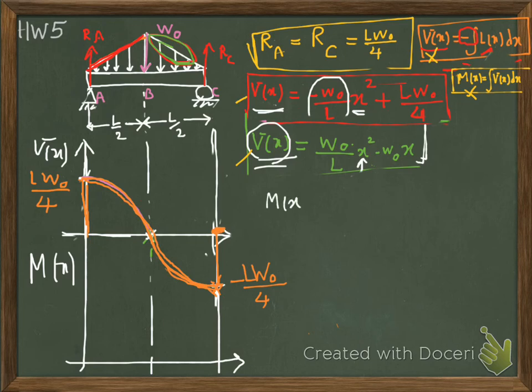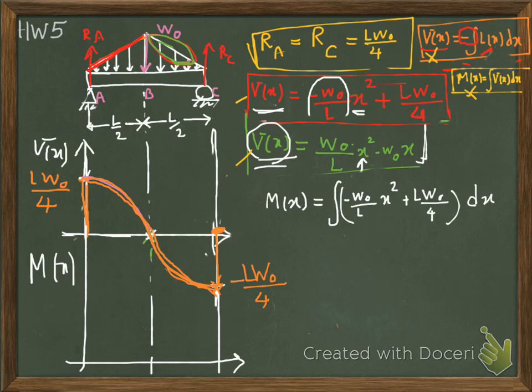So for the first one, M(x), I'm plugging in this first, the red equation, which is minus w naught over L x squared plus L w naught over 4, and integrating.